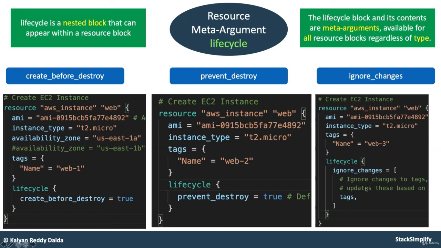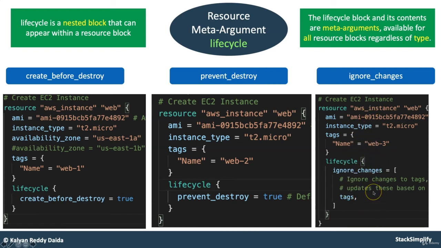For example, if you go and add a new tag to your AWS EC2 instance using the management console, and later you do a Terraform apply from your configuration, that change will go away. So instead, any manual changes to respective attributes or arguments of your resource can be allowed here, and you can tell Terraform to ignore those changes.